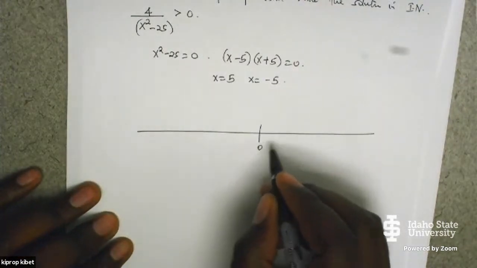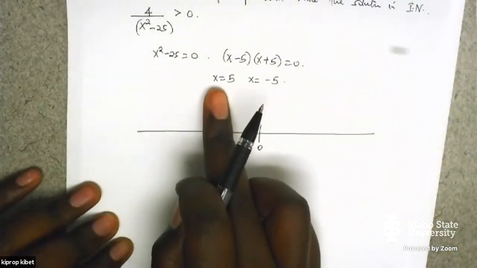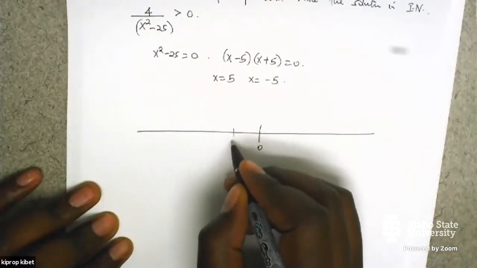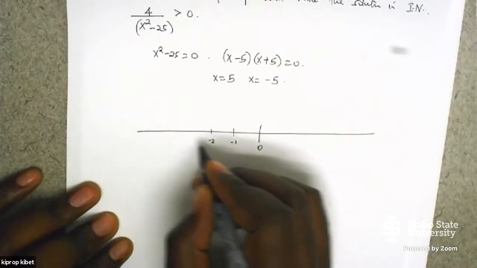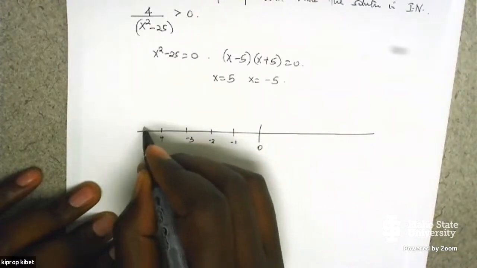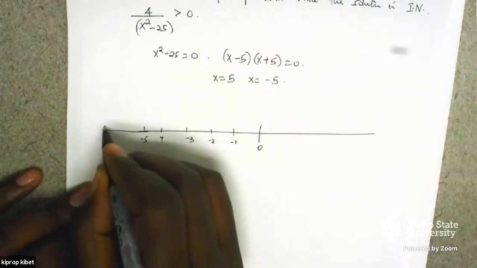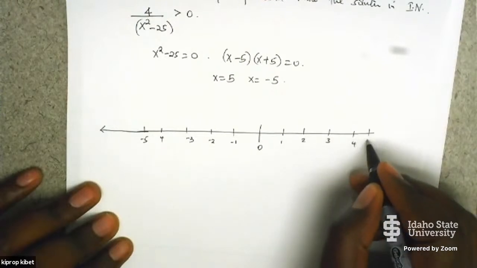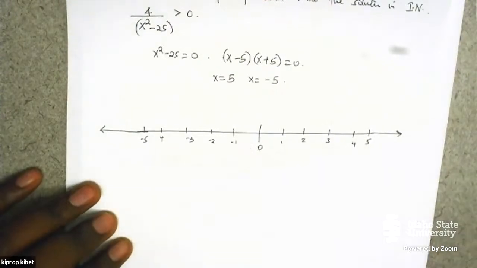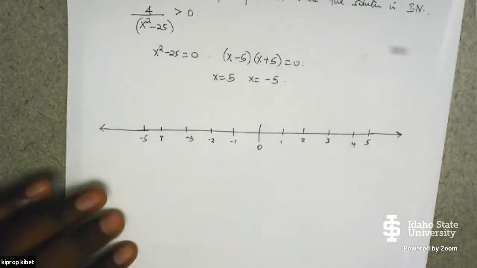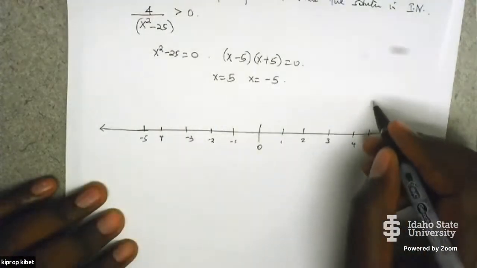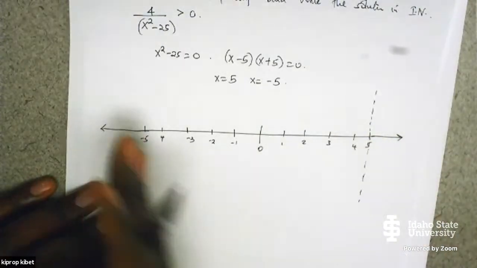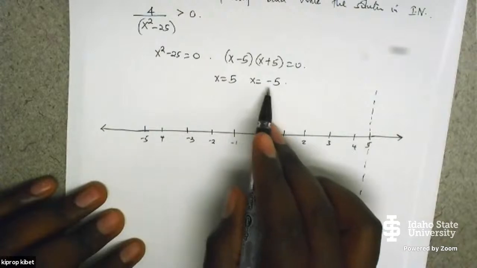So our 0, and then negative 1, negative 2, negative 3, negative 4, negative 5 there, and then 1, 2, 3, 4, 5 there.